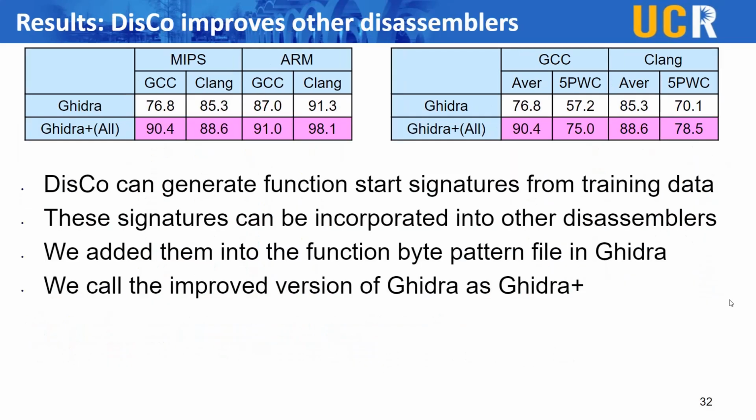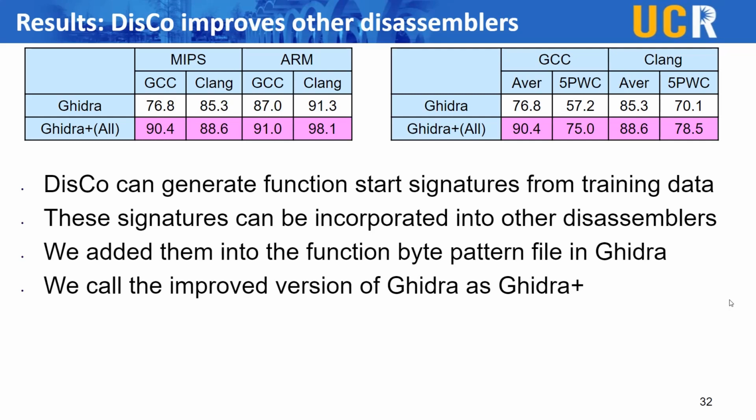We also mentioned that DisCo can be used to improve other disassemblers. So we tried this technique on Ghidra. The improved version of Ghidra is called Ghidra Plus, and we can do this because DisCo can generate function start signatures from training data, and these signatures can be incorporated into other disassemblers like Ghidra, for example. We added these signatures into the function byte pattern file in Ghidra, and the table shows the improvement between Ghidra and Ghidra Plus.